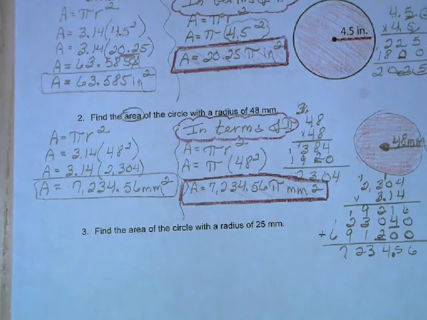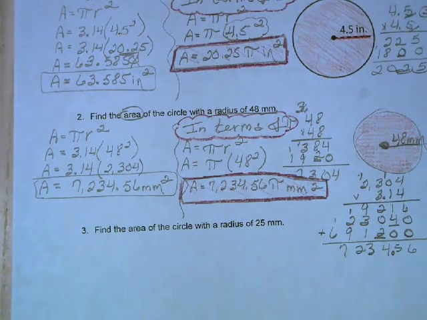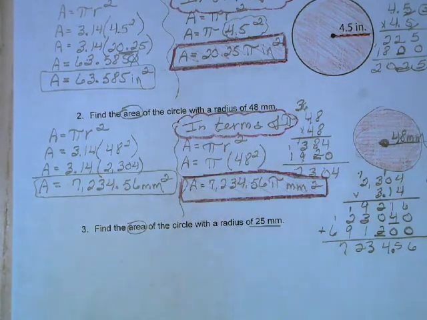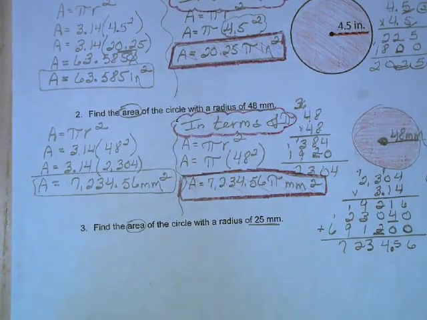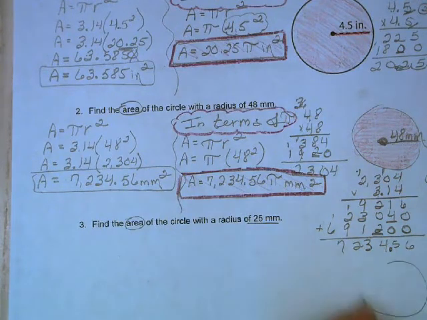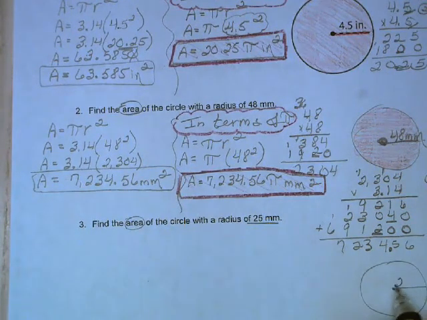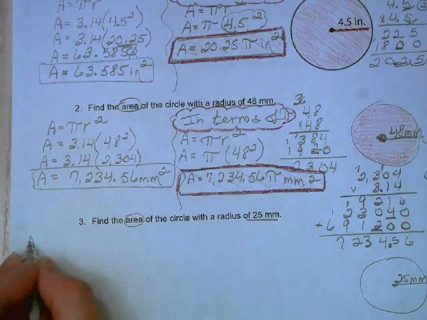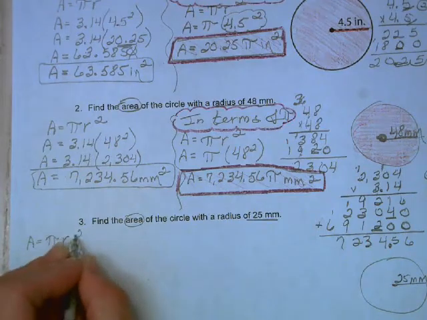All right, I'm going to jump in, and I'm going to start. It says find the area of a circle with a radius of 25 millimeters. So I'm going to draw the circle, 25 millimeters. And I'm going to start with area equals pi radius squared.